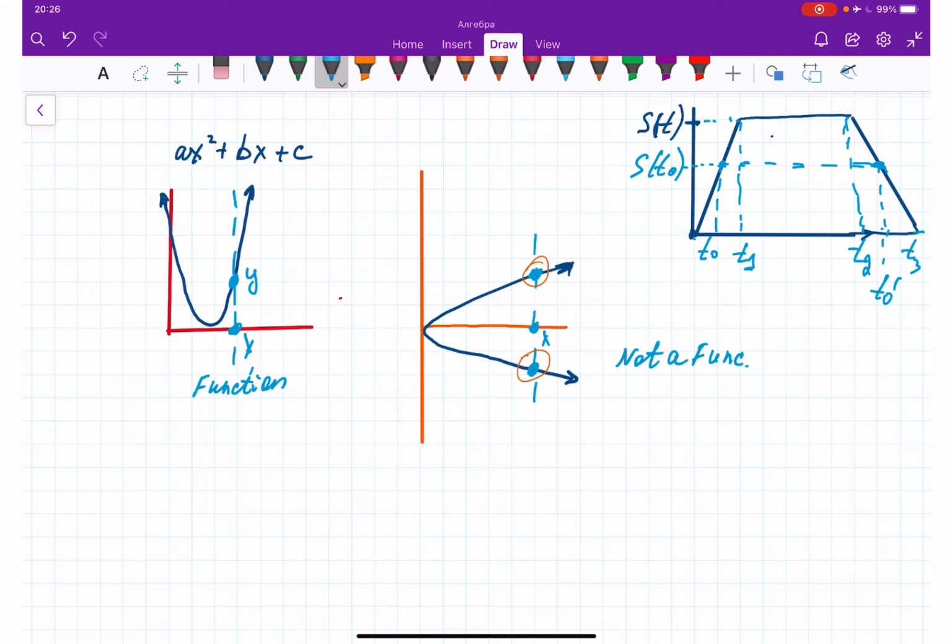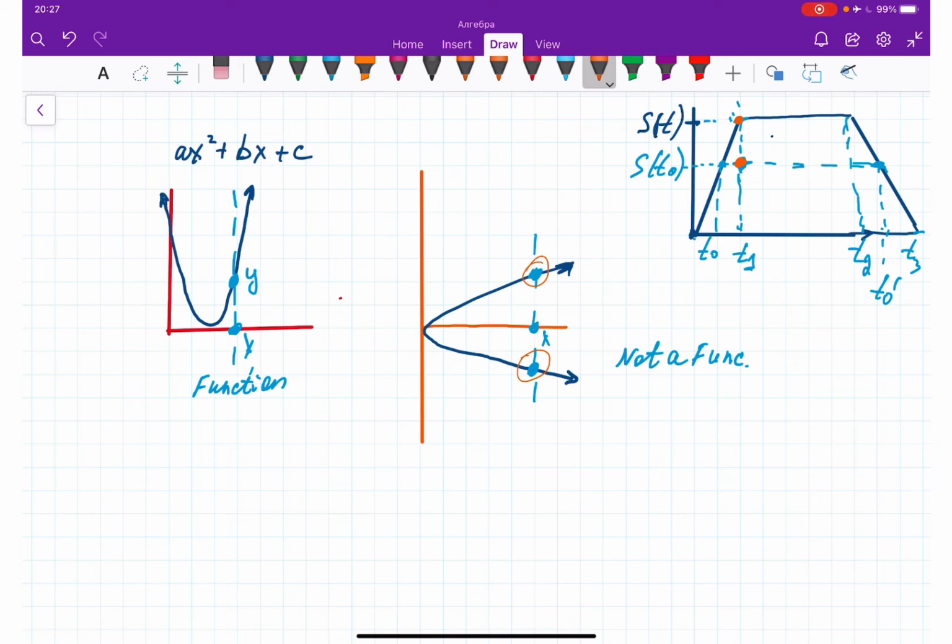But the student cannot be at two different places at the same time. Let's say at time T1, the student cannot be at the distance S of T0 and S of T. See, the vertical line, if I provide it, is crossing 2 points, right? It's crossing this point and this point.